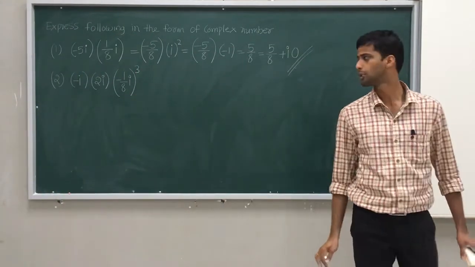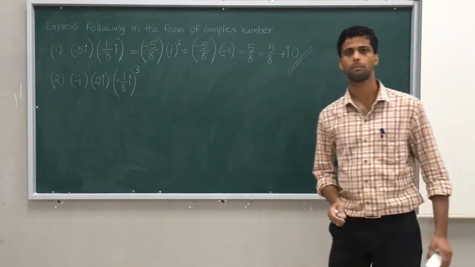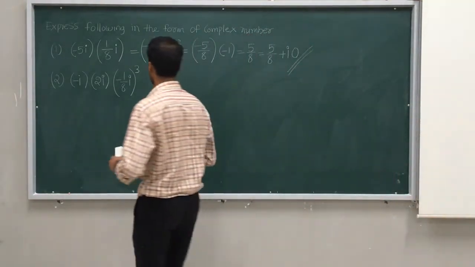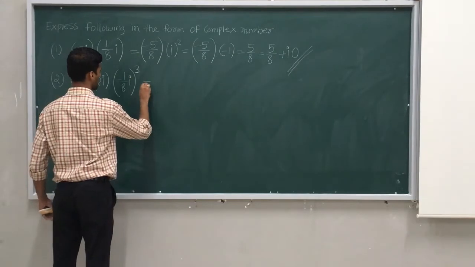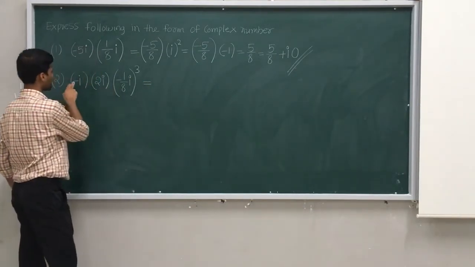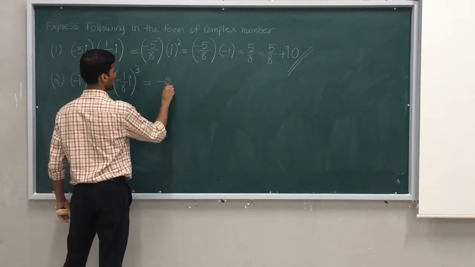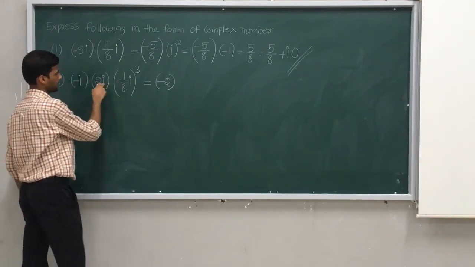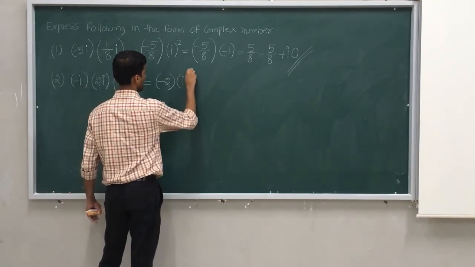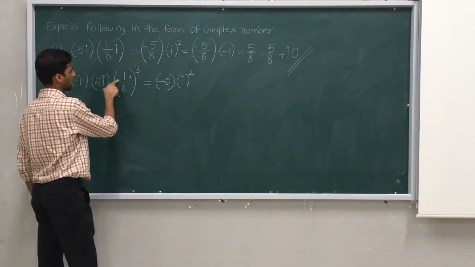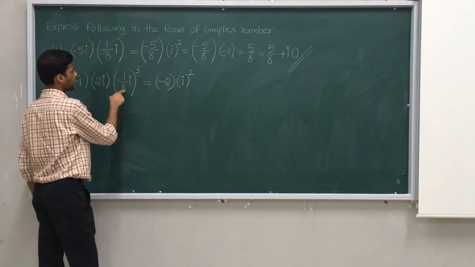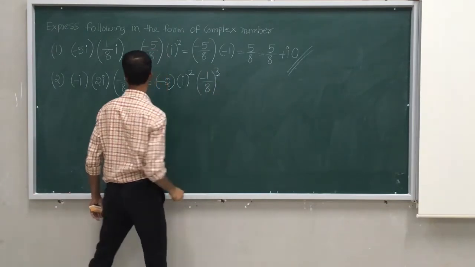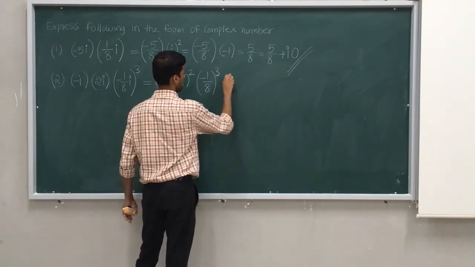A bit of a huge expression, but we can make it simple by the theory we discussed in our previous lessons. So first of all, I will make plus into minus: minus 2 into i square, then minus 1 by 8 cube into i cube.